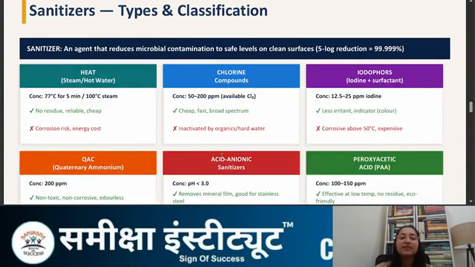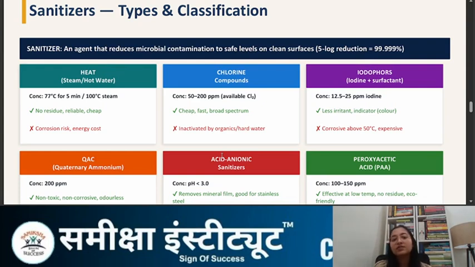Next, coming to the sanitizers and the types and classifications of sanitizers. So what is a sanitizer? First we studied about the detergent. Now we are studying about the sanitizer. So what is the basic definition of a sanitizer? It is a chemical agent that reduces the microbial count to a safe level. Since we studied about cleaning, we studied about sanitization.